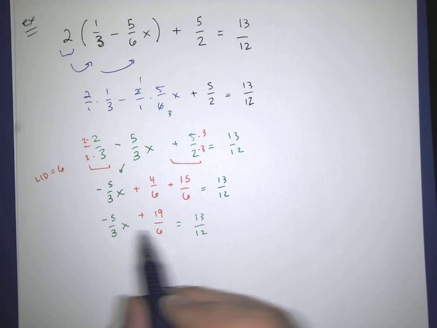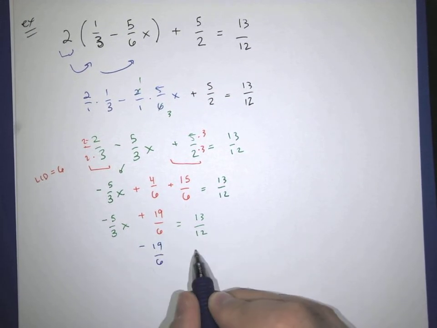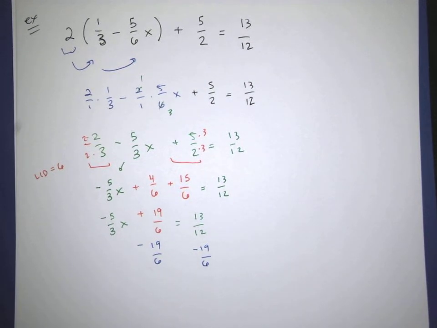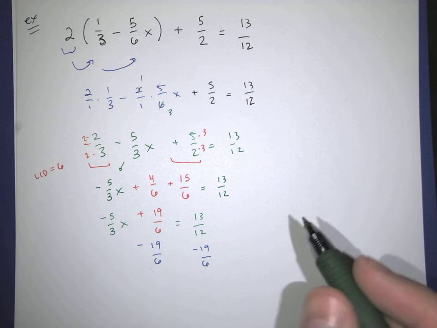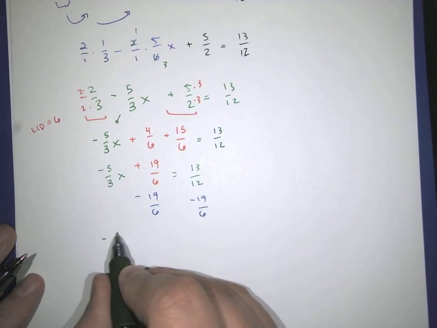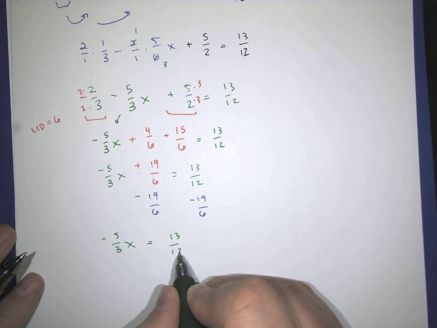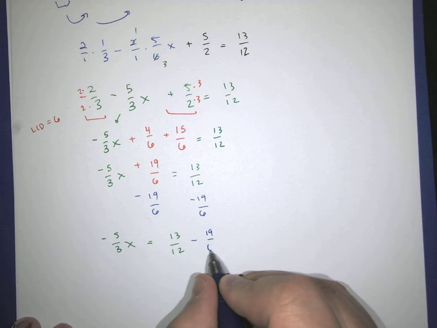So we have the x over here. Let's subtract our other number to the other side, so we get all our numbers on the right. We'll keep our negative 5/3 x on the left. What are we going to get here? Negative 5/3 x equals 13/12 minus 19/6.